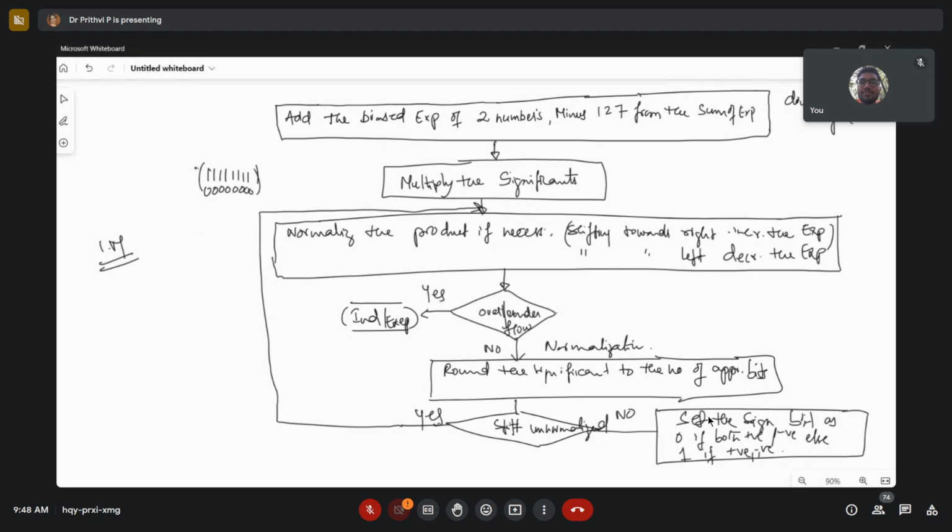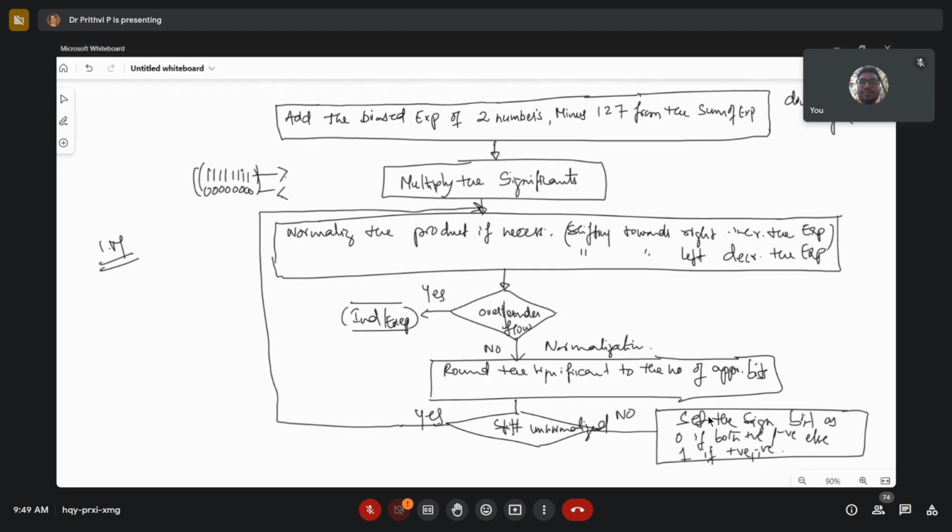Both are exceptions. If something is exceeding this, greater than this or less than this, we need a normalization. Normalization means we move the bits towards left or right so that the exponent value can be decreased here, increased here.